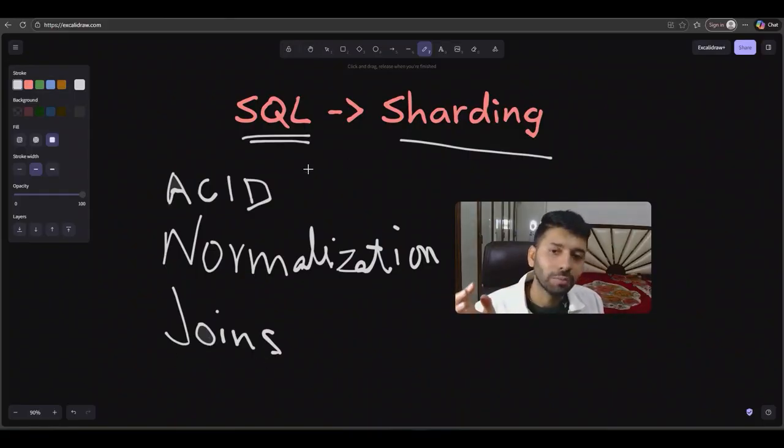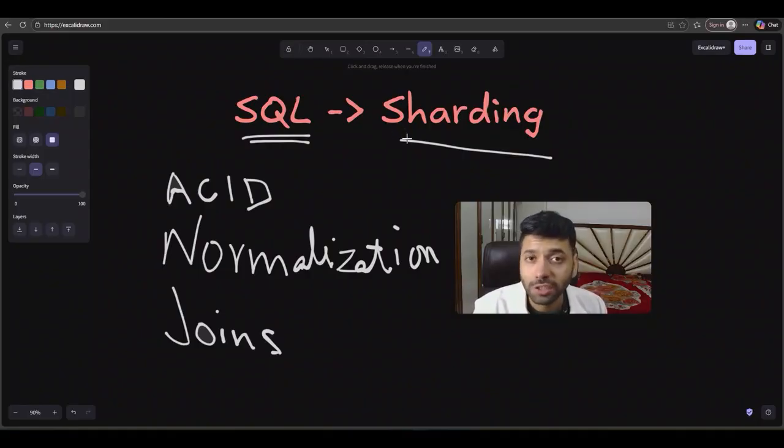Now the point comes to huge scale. When we talk about scale, we discussed that we can do vertical scaling, but you cannot do vertical scaling beyond a point. Then we talked about replication. You can create multiple replicas, and that is good for read scaling. But then comes write scaling, and for that you need to do sharding.